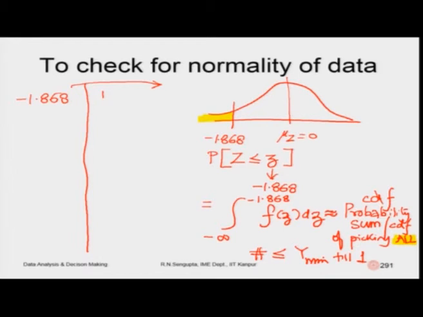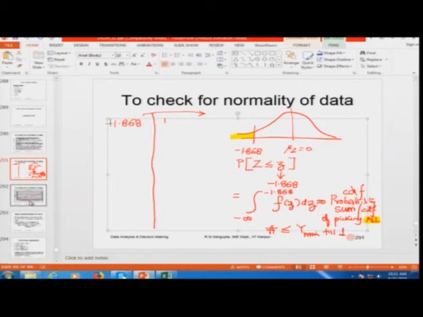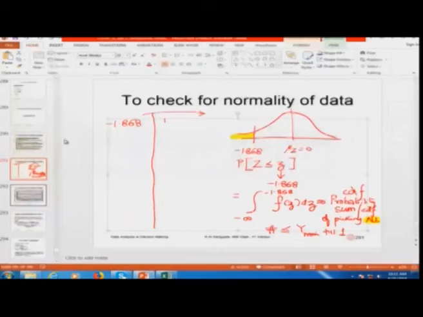Now, if it is changing, consider these values. Here, consider the value of minus 0.744 and 12. So, there are 1, 2, 3, 4, 5 values till 12 and the value is minus 0.744.